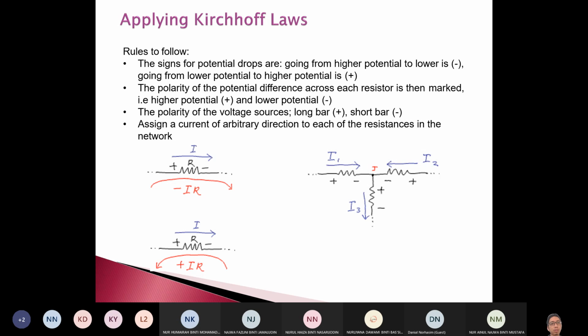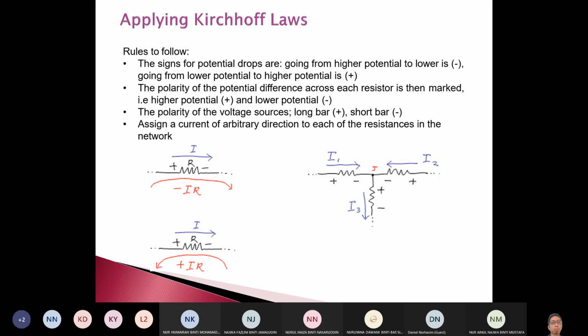It depends on how the potential direction is going. But if the potential is going in the opposite direction, like the bottom here, then you should have a positive IR.